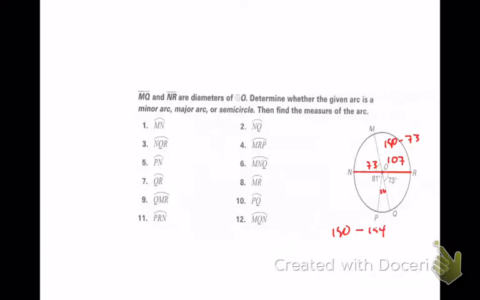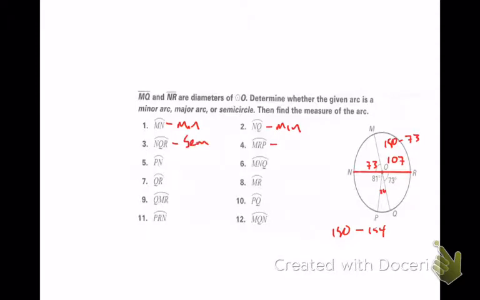Now, let's go find arcs. MN, first of all, is a minor or major? Okay, minor. What about number 2, NQ? NQ is going to be minor. NQR, well, it's got 3 letters, so that's a pretty good hint, but instead of a major arc, we're going to call it a semicircle because N and R are the endpoints of a diameter.